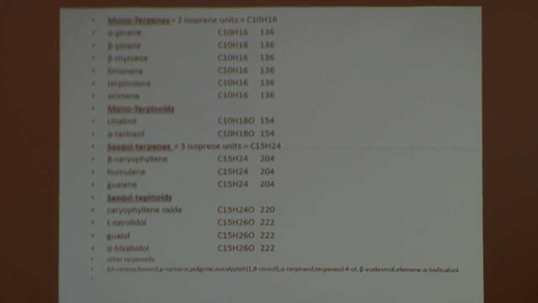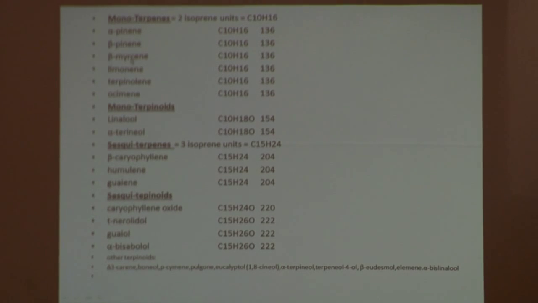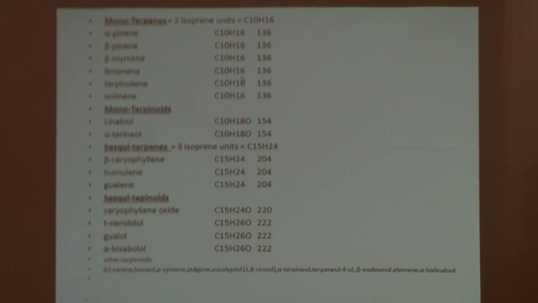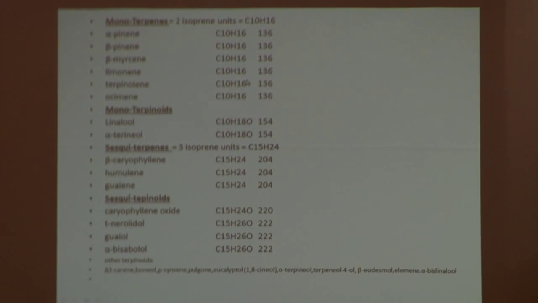Now, some of the things that work against us is that even within the monoterpenes, all of these have the same molecular formula and the same molecular weight. They are isomers of each other, so they behave very similarly on some instruments. Sometimes that can be problematic in trying to determine which ones they are.